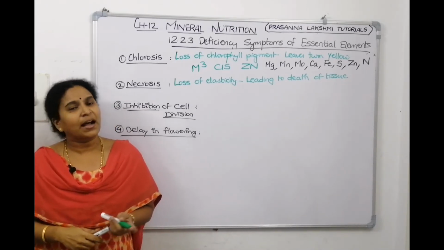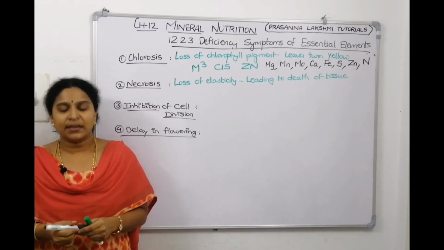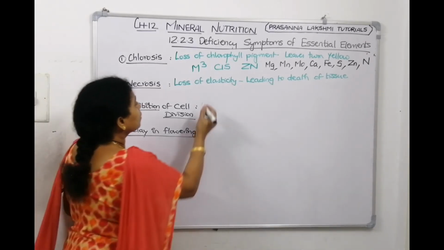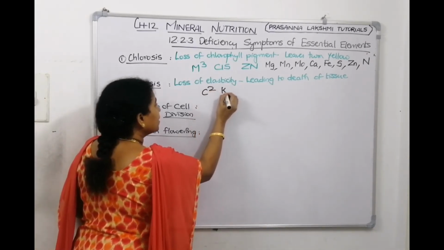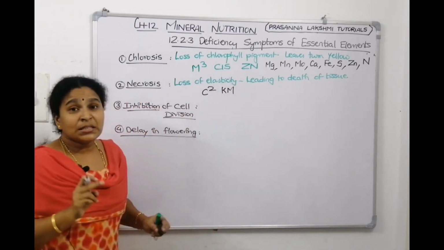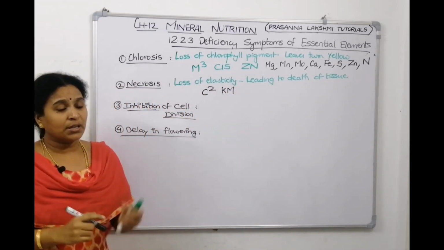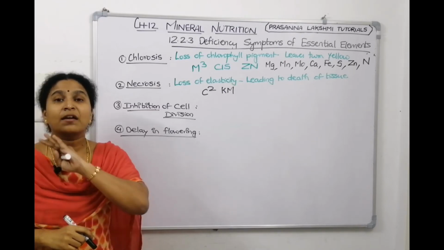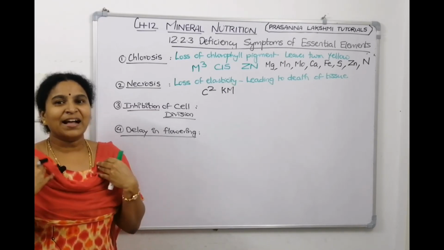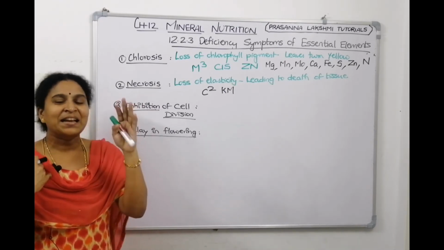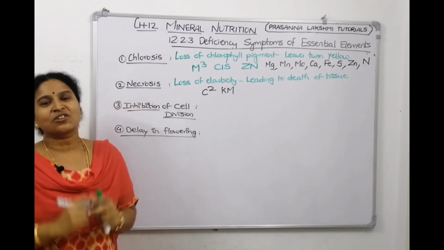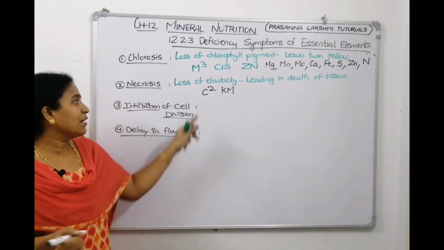What are the 4? Again, I made a code: C square K Mg. C will not be carbon because we said that carbon, hydrogen, oxygen, the plant will never show deficiency. Till we release carbon dioxide, the plant can get sufficient carbon dioxide, so carbon is not deficient. Then what are those C's?